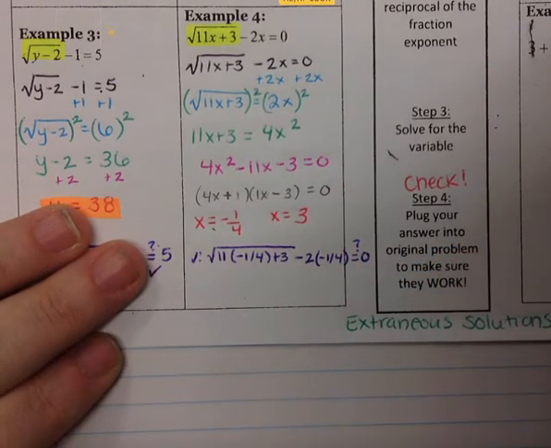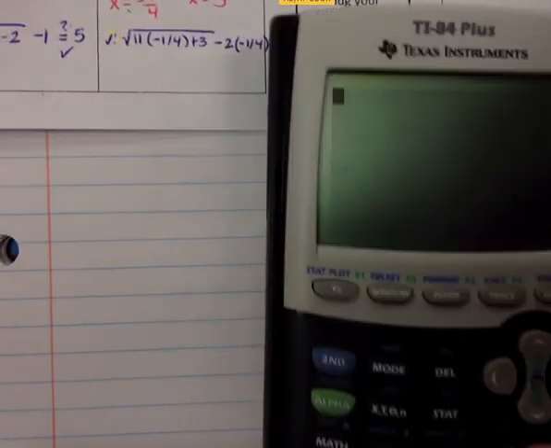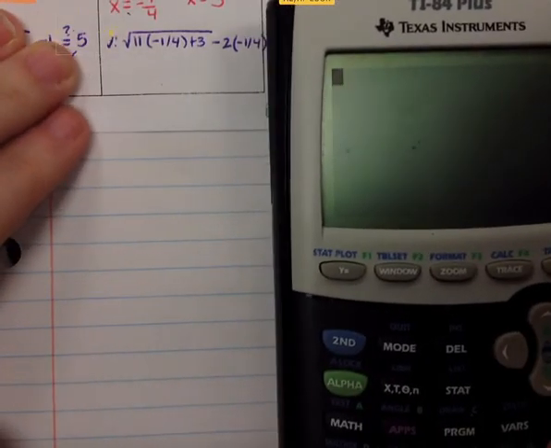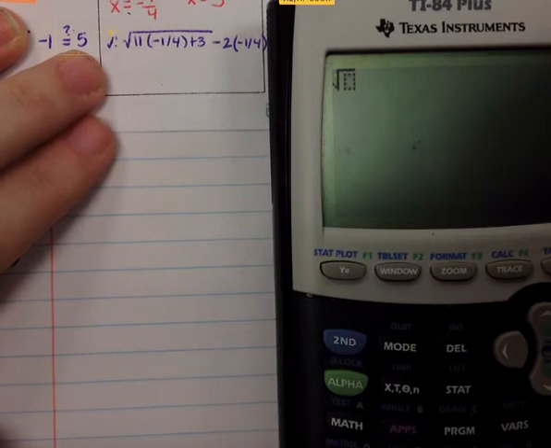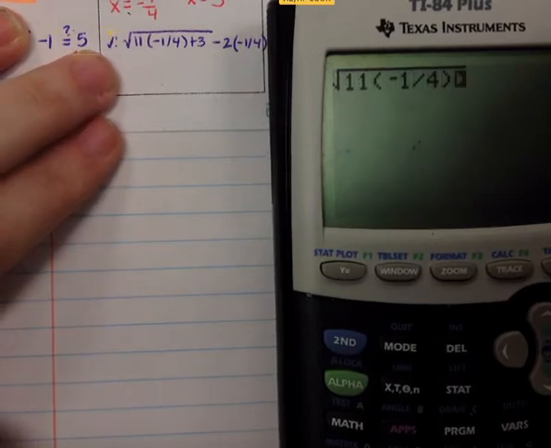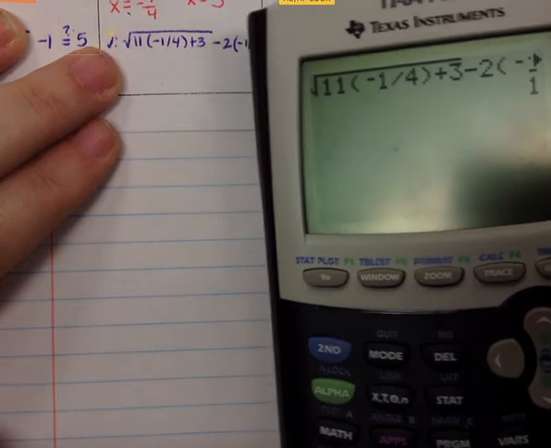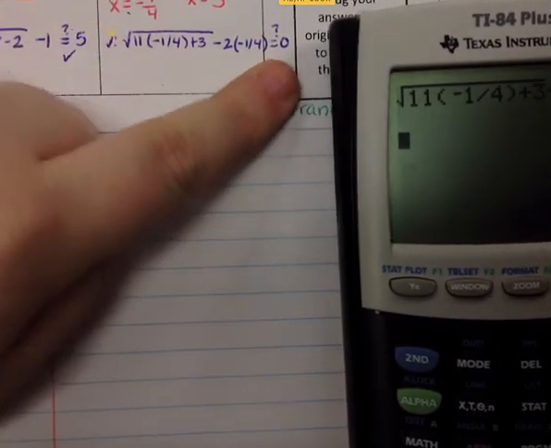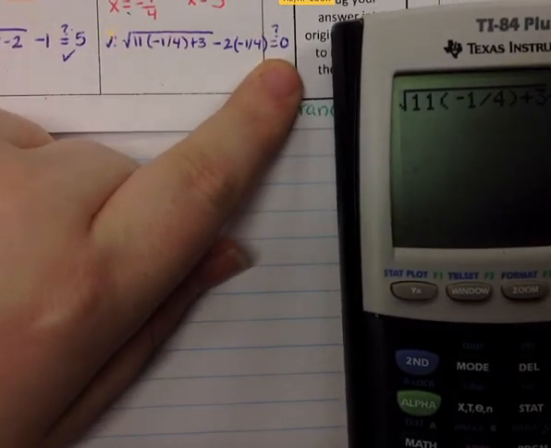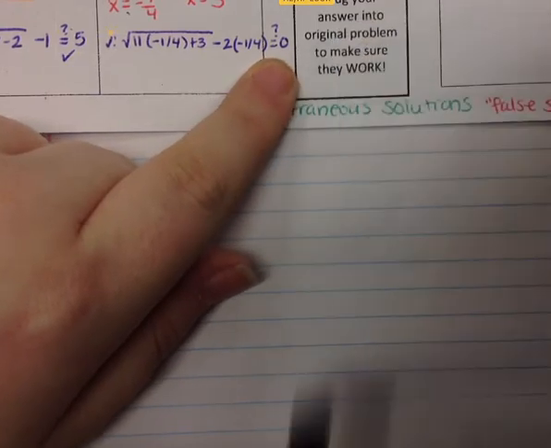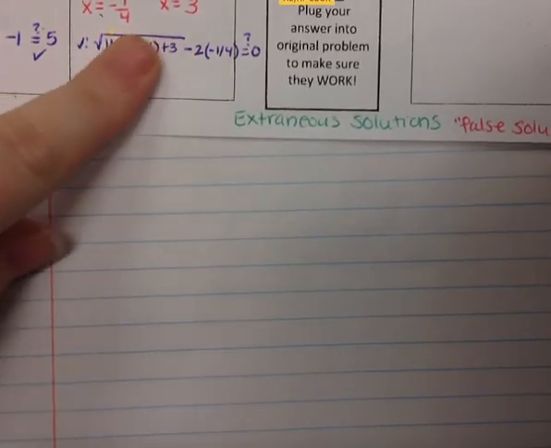If we check that, we have the square root of 11 times (negative 1 over 4) plus 3, out of the radical, minus 2 times (negative 1 divided by 4), and that is equal to a positive 1. It's supposed to equal 0. So that negative 1 over 4 is extraneous. That one does not work.